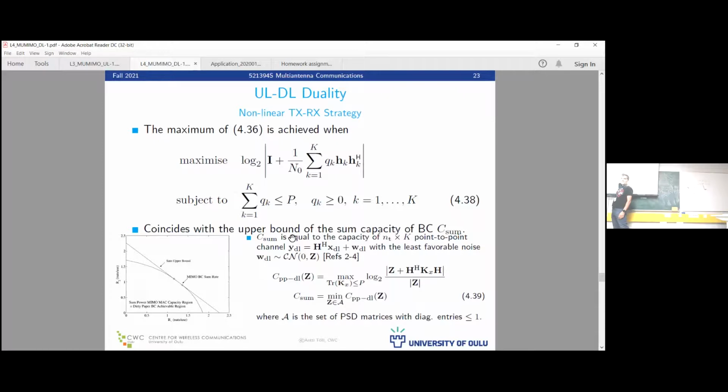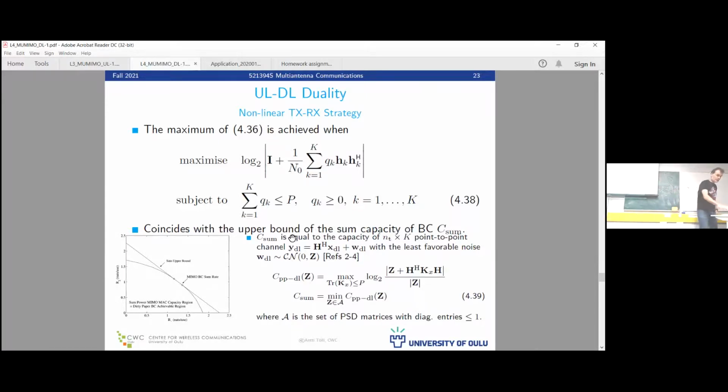Okay. This is a convex problem, right? We have a concave objective and linear constraints, or a set of linear constraints. But of course, the power should be positive. So this we can solve.